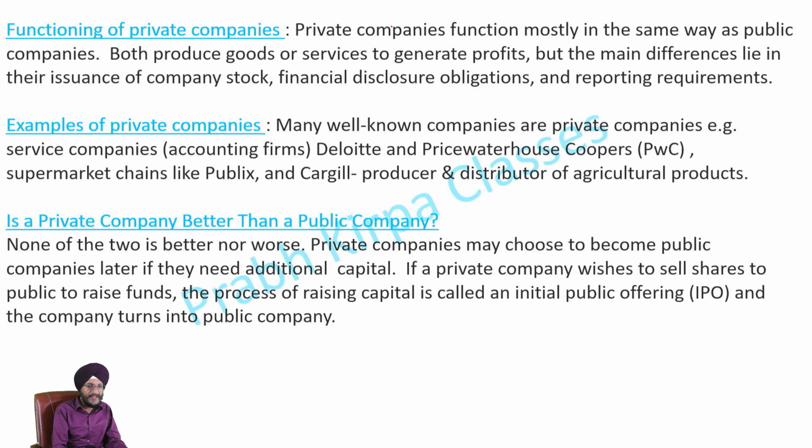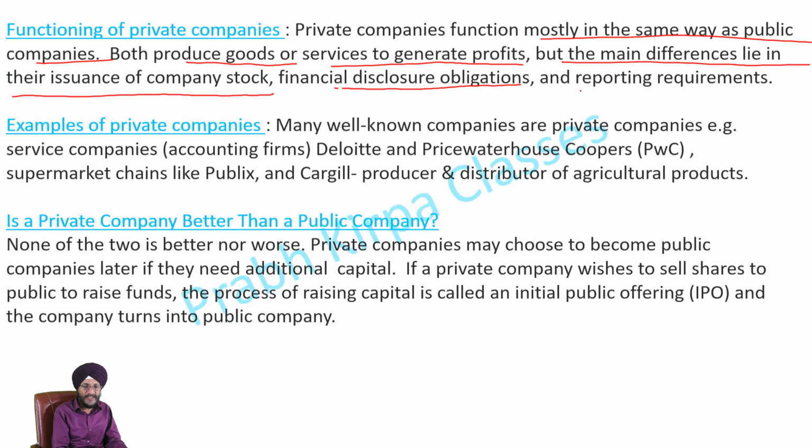Functioning of private companies. Private companies function mostly in the same way as public companies. Both produce goods or services to generate profits, but the main differences in both the companies lie in their issuance of company stock, financial disclosure obligations, and reporting requirements.